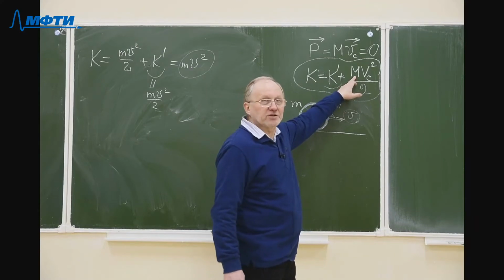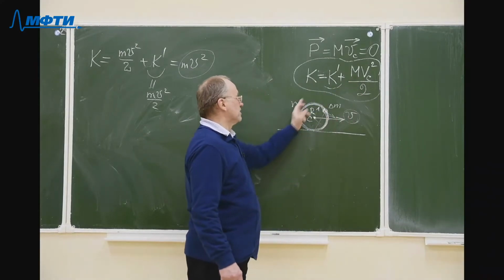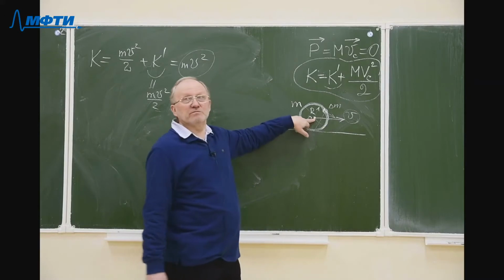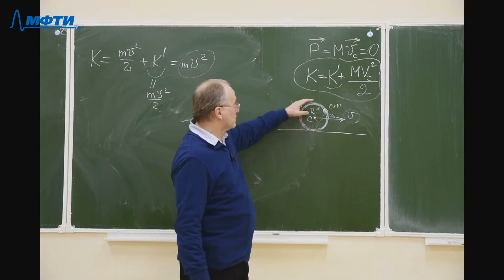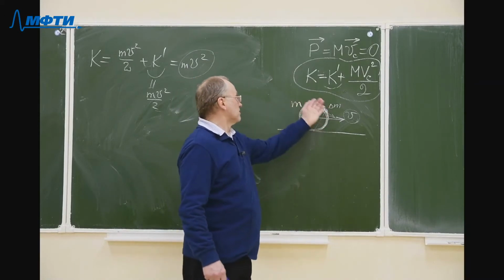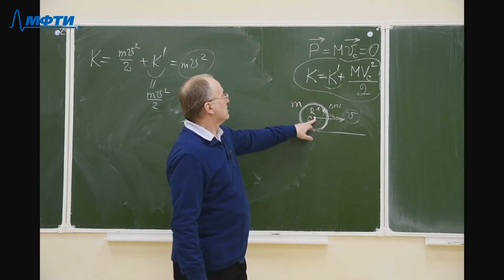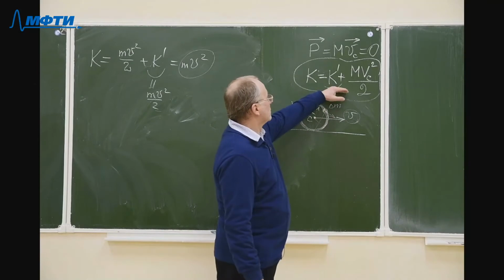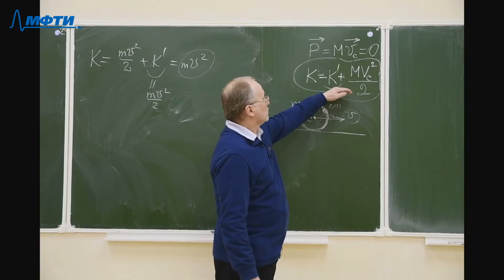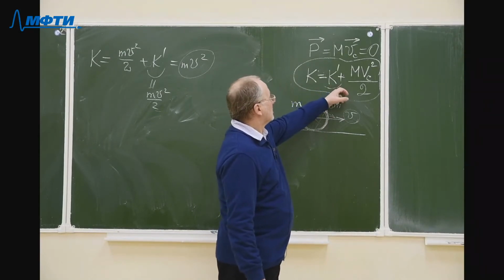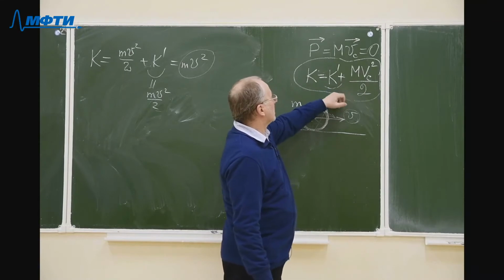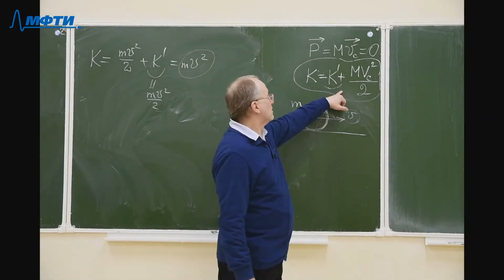That's not true, actually. The mass of this wheel is not concentrated in this point. The mass is distributed over a complicated curve. But Koenig's theorem asserts that the kinetic energy can be calculated in this way.